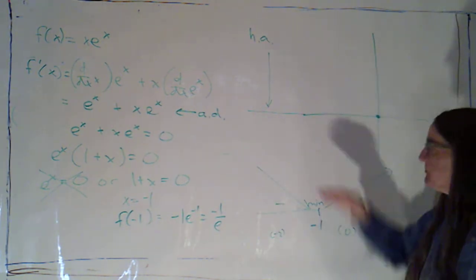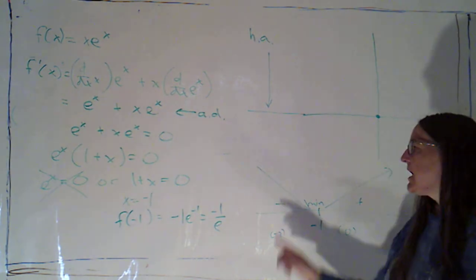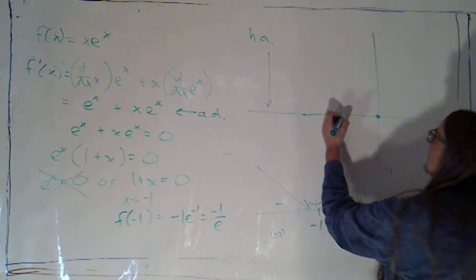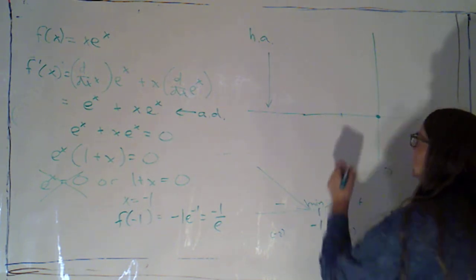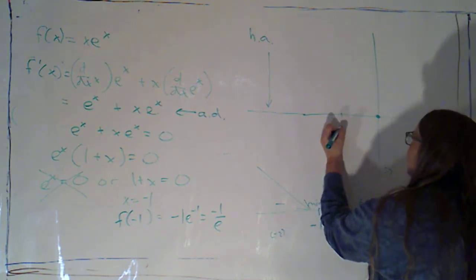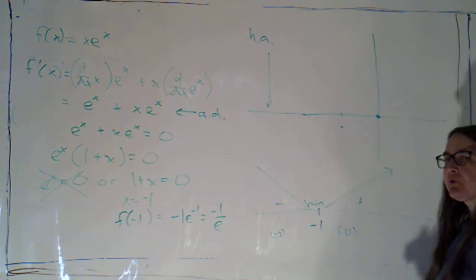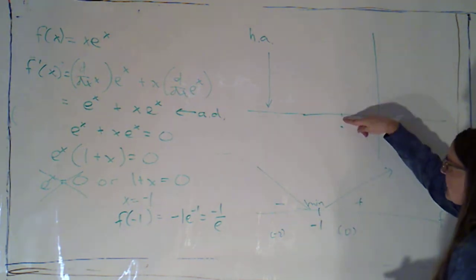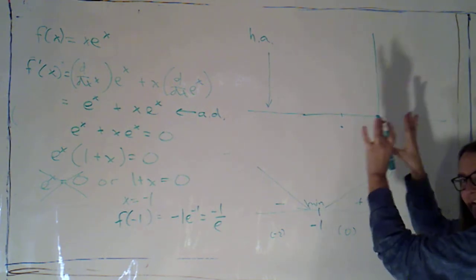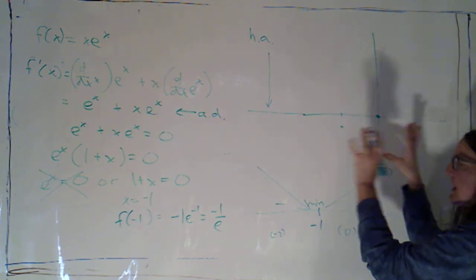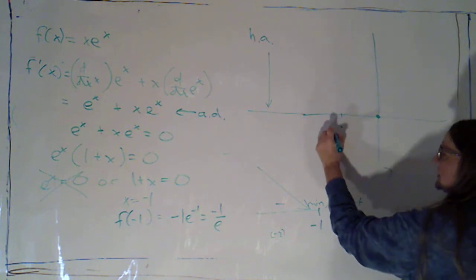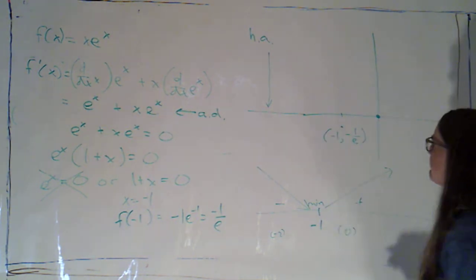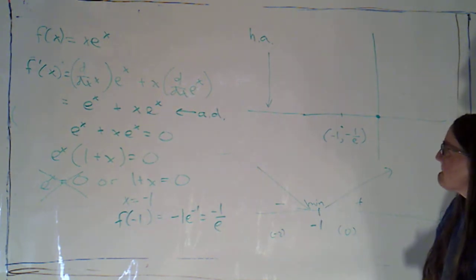I'm going to plot it below the x-axis. I know e is between 2 and 3, so this is between a half and a third. I'm just going to put it here. I'm probably not drawing things perfectly to scale. I'm trying to keep it from being too close here because I want to be able to see what's going on. So I'm aware that I'm not drawing this perfectly to scale, but I'm going to go with that.